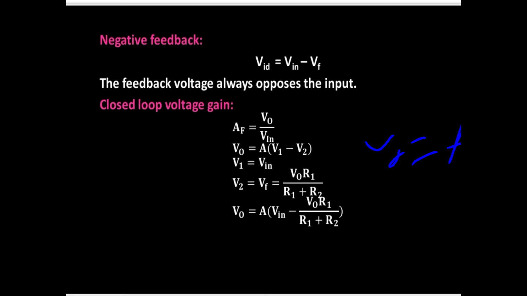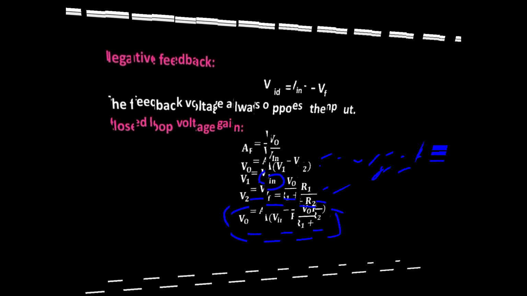Now substitute all these things in the output expression, that is V0 equals A into V1 minus V2. V1 is VIN and V2 is V0 into R1 by R1 plus R2.